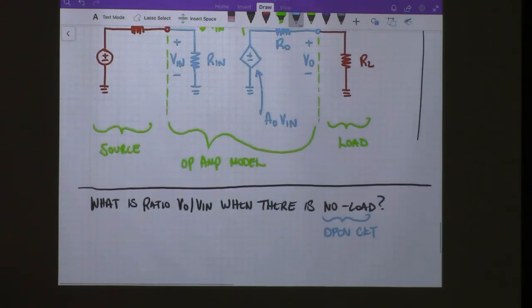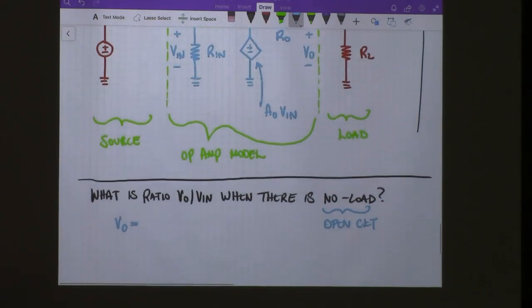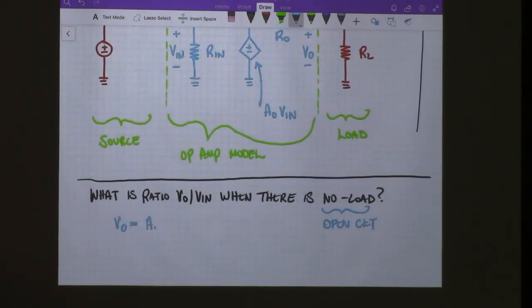So Vout is equal to A naught Vin minus I out times R out.